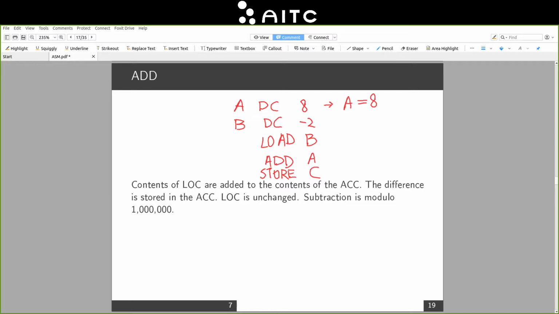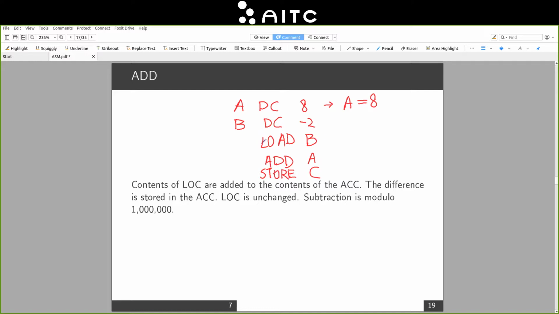Load B. Load means contents of LOC are placed in the ACC.